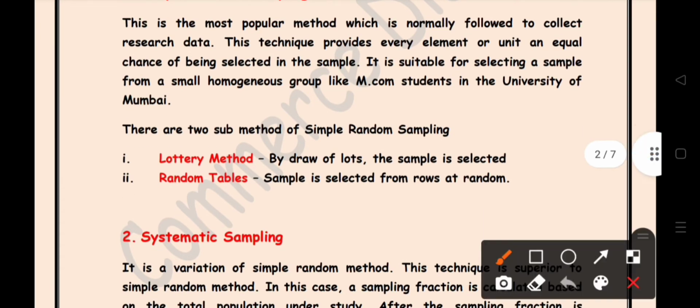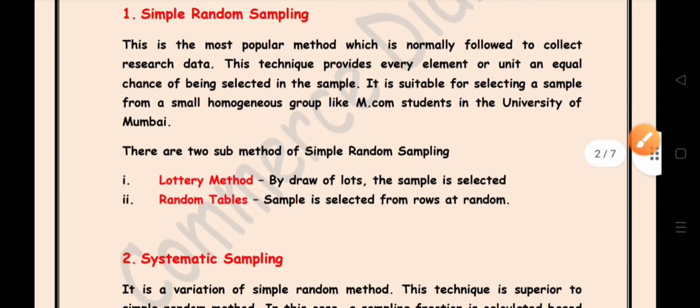Then next, random tables. The sample is selected from the rows at random, meaning any particular respondent you will easily select from the rows, you will pick any one person. So this was about simple random sampling.